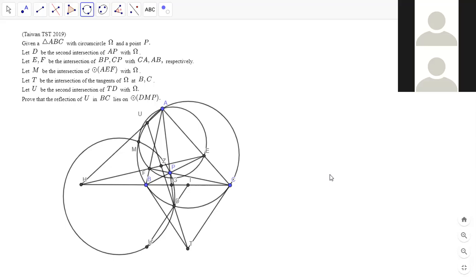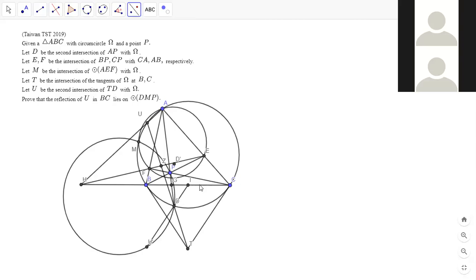Oh yes, I remember this lemma. If you reflect D over BC, you will get the U-Humpty point.